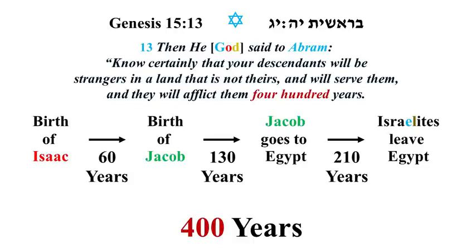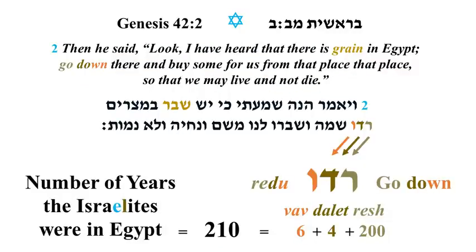Well, 210, that's the Gematria value of Redu when Jacob told them, go down to Egypt and get the grain. So in that word Redu is a prophetic number of the years that they're going to be down in Egypt. How cool is that? All right.